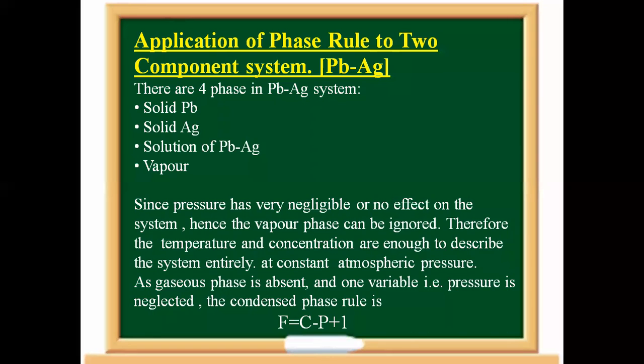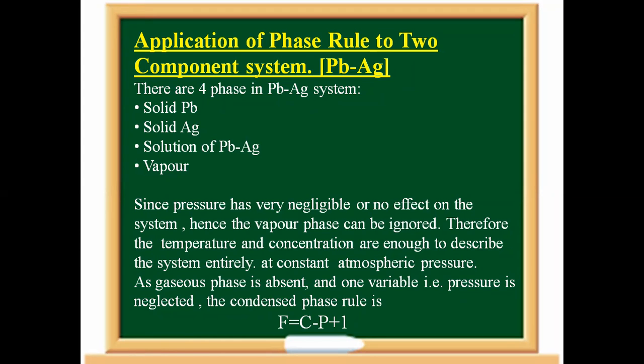Okay. So for a two component system, for example an alloy system, the best way to explain it is F is equal to C minus P plus 1, by keeping atmospheric pressure constant, and temperature और composition का phase diagram बनेगा. So the condensed phase rule is given as F is equal to C minus P plus 1.